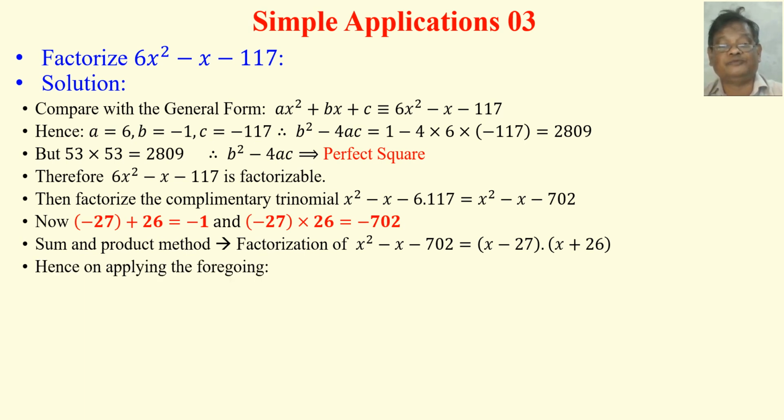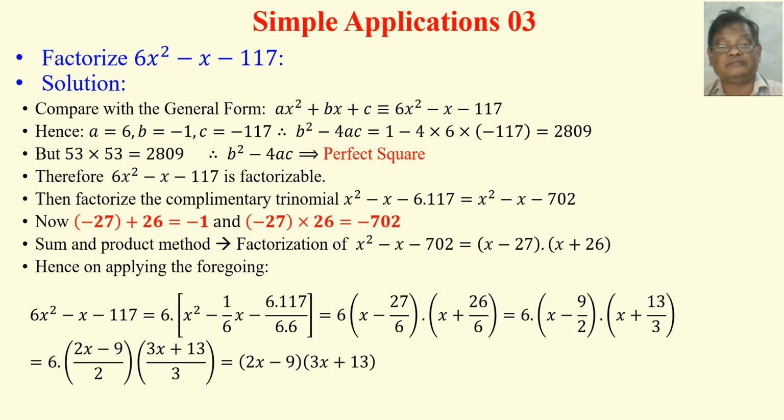Hence, on applying the foregoing, 6x squared minus x minus 117 is equal to 6 times x squared minus 1 over 6 into x minus 6 into 117 divided by 6 into 6, which finally yields, upon simplification, 2x minus 9 into 3x plus 13.